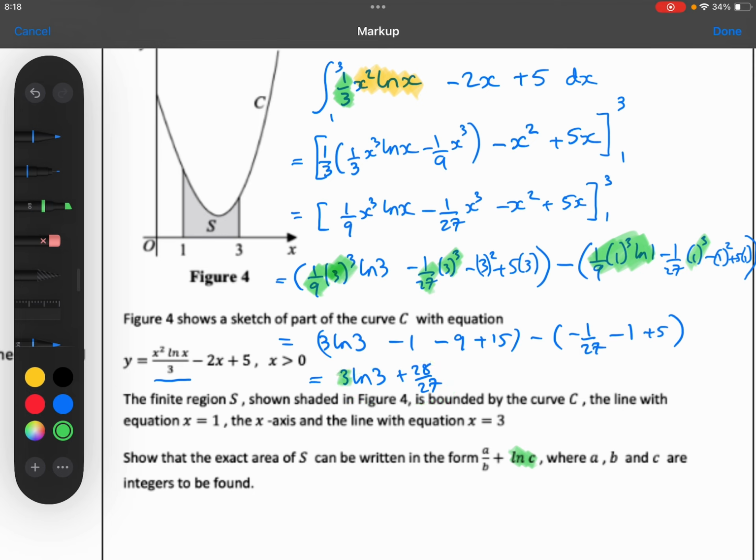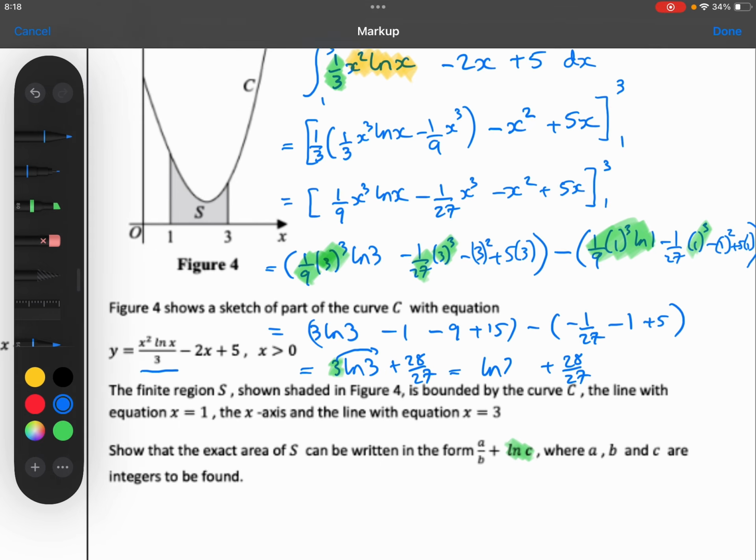I'm going to take this 3 and move it up to be a power on the 3, to be ln 3 cubed. The 3 cubed is 27. And there we go. This is my final answer in the desired form.